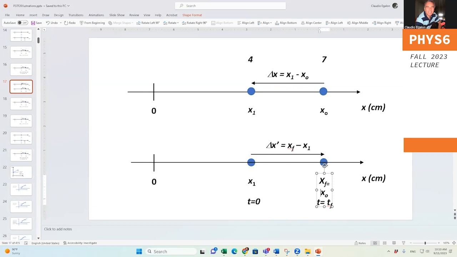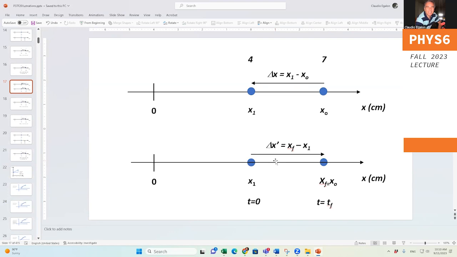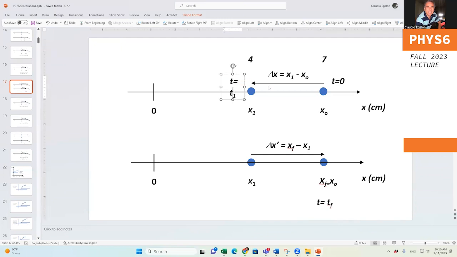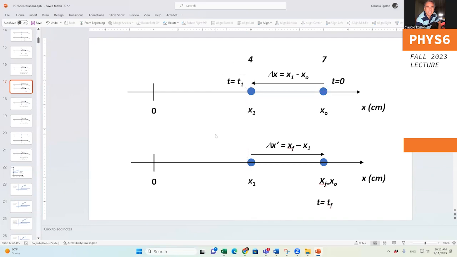Right? Note, see that they are exactly the same, right? And let's see, here is going to be t equal to 0. This one is going to be t equal to 0. I'll call this one here t1. Right? I'll call this one t1 as well.